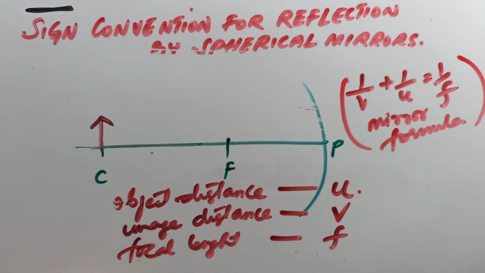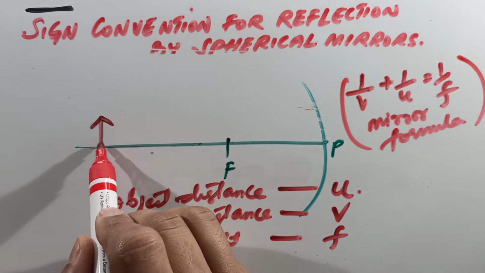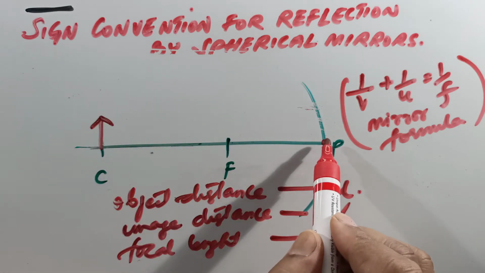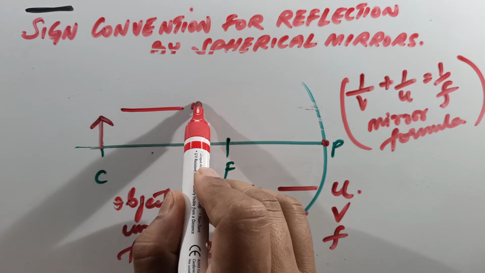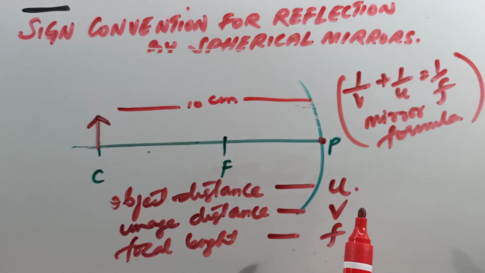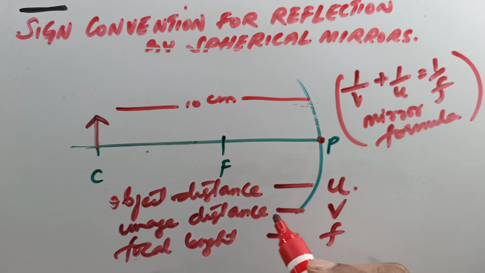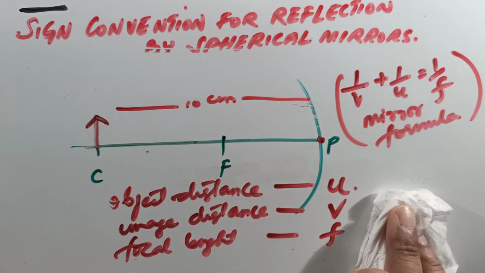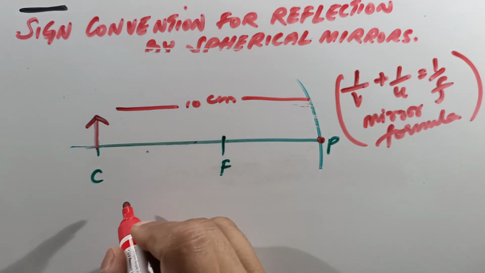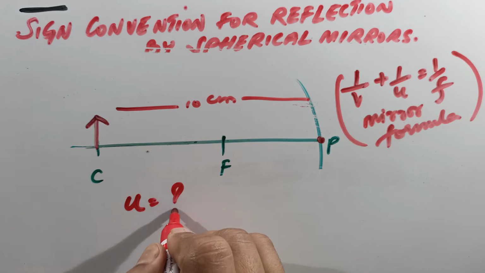Now, in order to clarify the spherical sign convention, let me give you an example. Let's say this is the pole, and this object is at a distance of 10 centimeter. So if I ask you the question, what is the value of u?